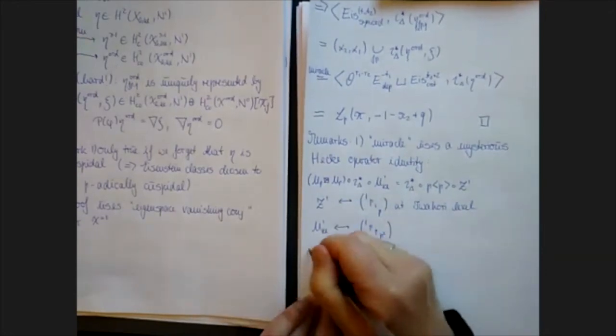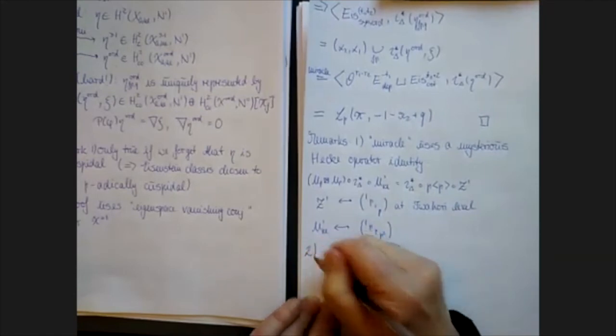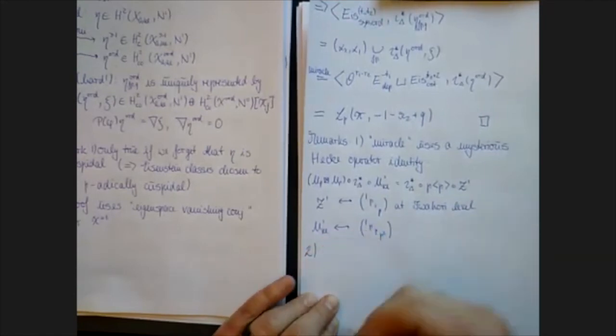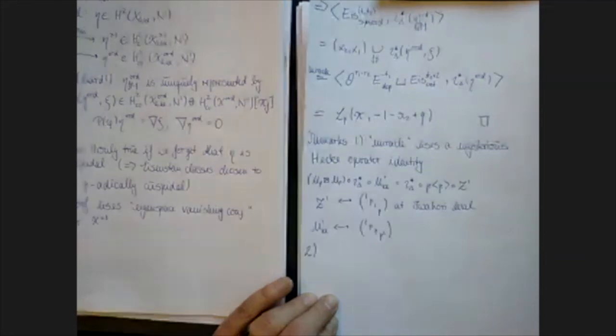So the second comment is that the same strategy of evaluating a motivic cohomology class under the syntomic regulator works when we replace one or both of the Eisenstein classes by GL2 cusp forms.